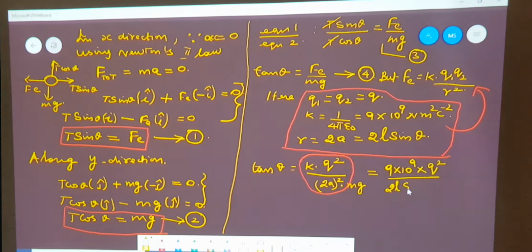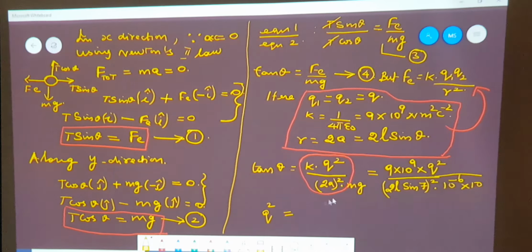So 2L into sin, instead of theta you will get 7, the whole square, multiplied with M, which is 10 to the power of minus 6, multiplied with G, which is 10. Clear?